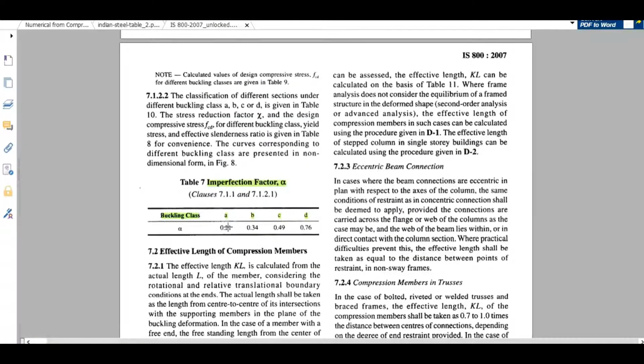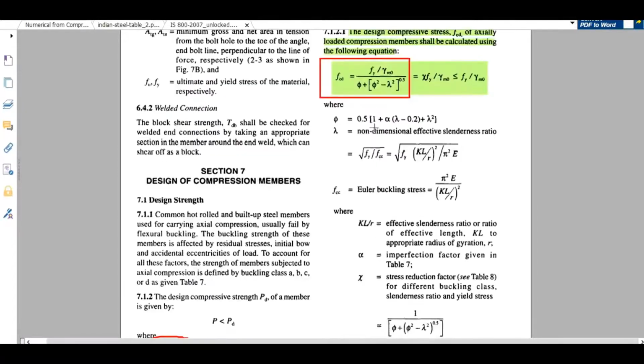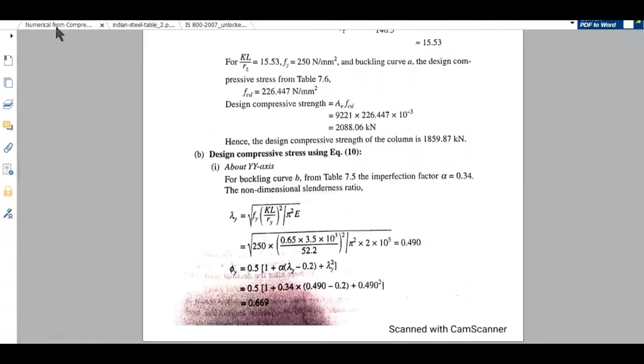In this table, for different buckling classes, the alpha is given. You have to select the alpha, and then you have to find the lambda y. Lambda y you can find from this equation. You know KL by RY, because ry will be used since you are dealing with the y axis. So let us go back to the numerical.